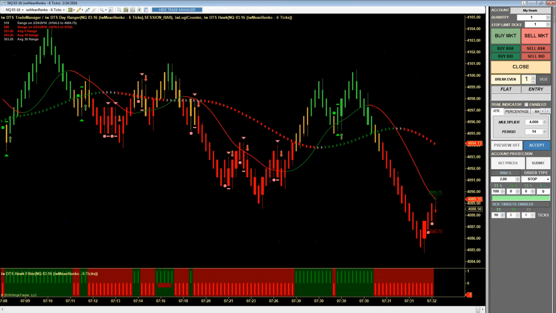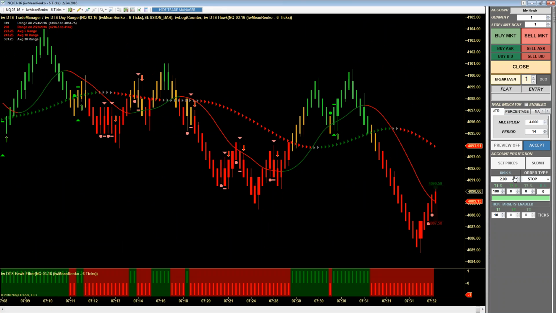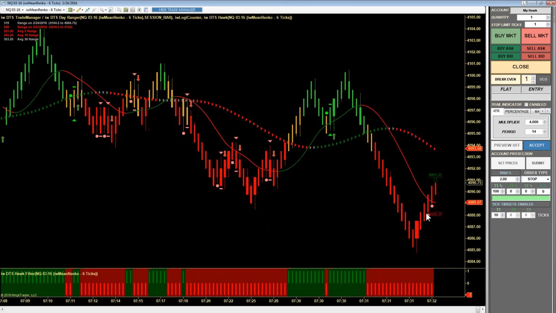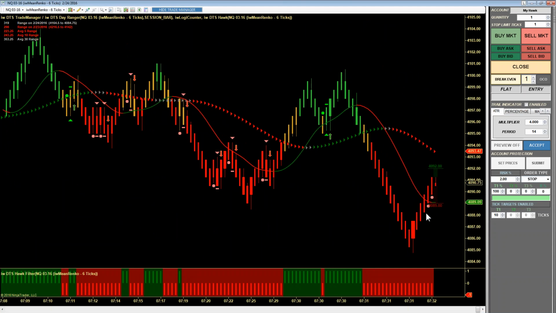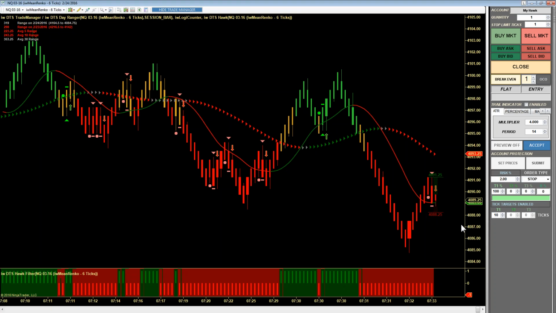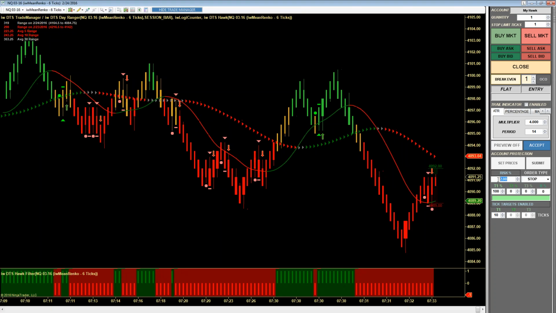Let me show you here on the trade manager this risk component, how important it is. You see, what a lot of traders do incorrectly is they end up risking more than they can afford to lose. So the trade manager always will limit your risk to 2% of your trading capital.